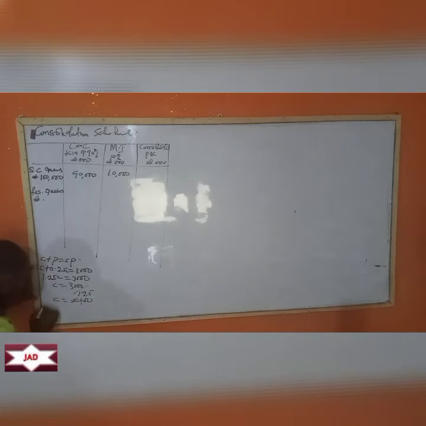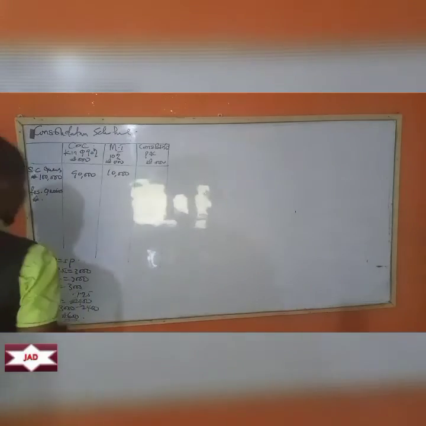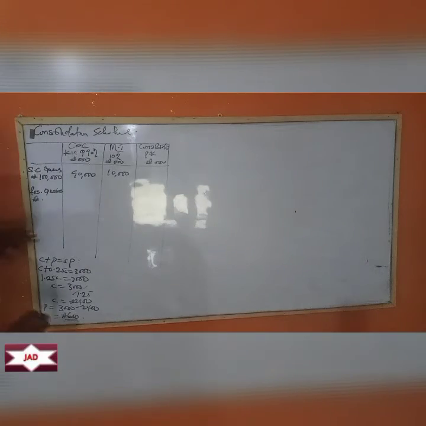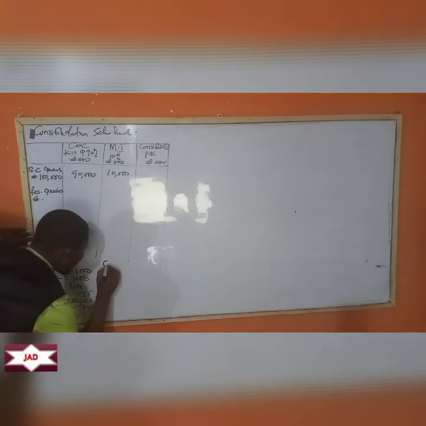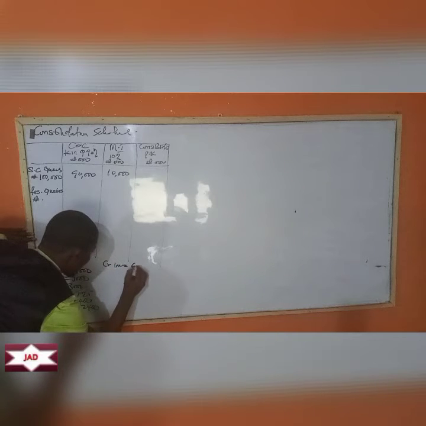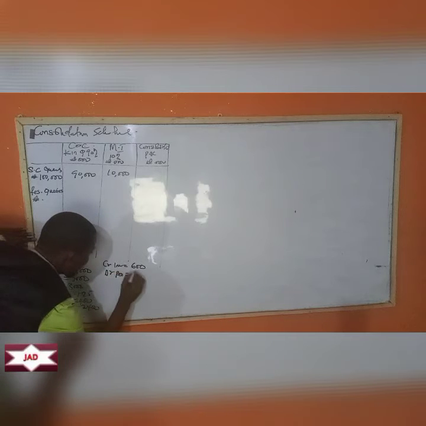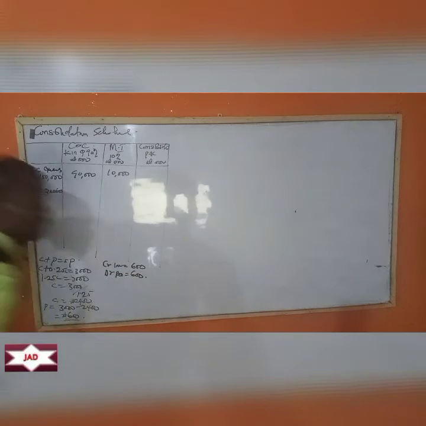So our profit will be 3,000 minus 2,400, which is 600 naira, that is 600,000. Based on that, we are going to raise our journal now. Credit inventory with 600, then debit reserve with 600.